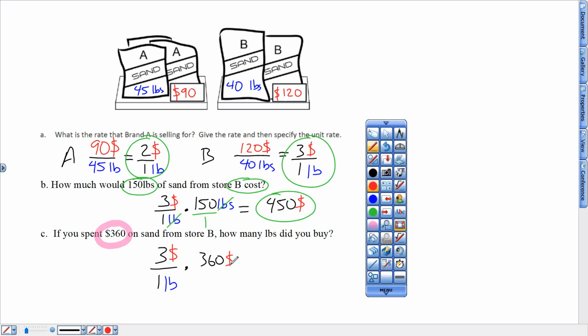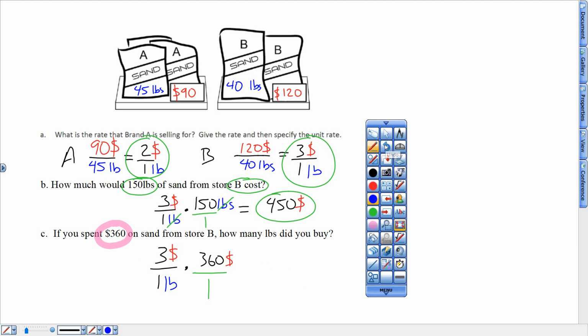When I times that straight across, what would happen would just be a mess. I would have to times that 3 times 360, and that would give me 1,080, and then I'd have two of those dollar symbols timesing each other over one of those pound, and that just looks like a big mess.